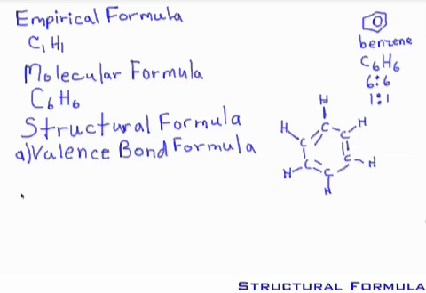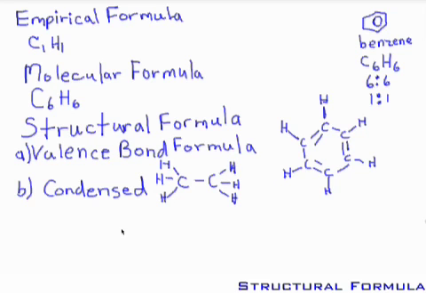Now, the B part is called the condensed structural formula. Suppose I wanted to do the valence bond formula for ethane. This is C2H6. One condensed structural formula for this might be CH3 bonded to CH3.